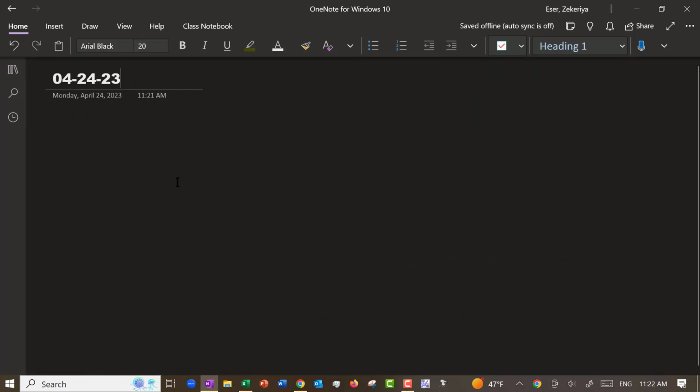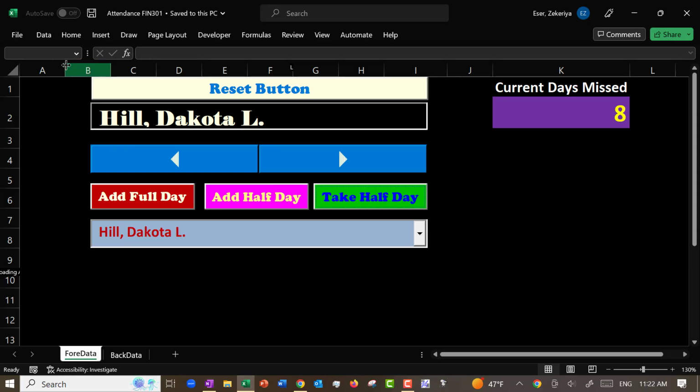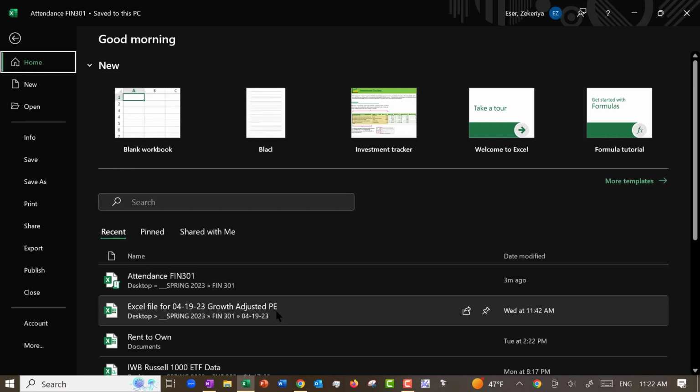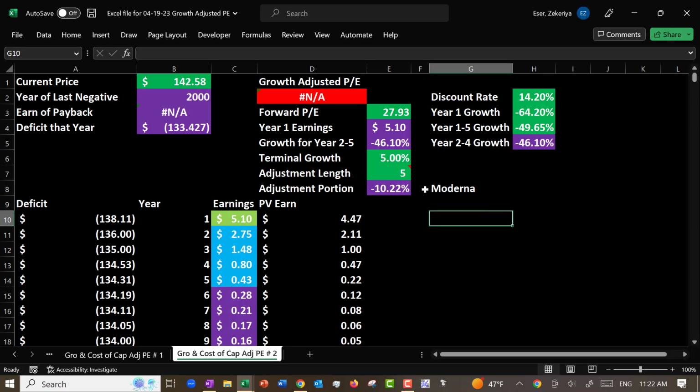All right, last 2 classes we talked about generic PE or things like forward PE. We talked about how to think about PE with the possibility of growth and calculated things like growth adjusted PE, maybe with cost of capital adjustments as well.